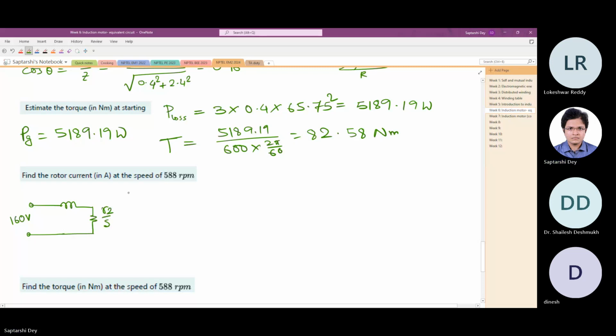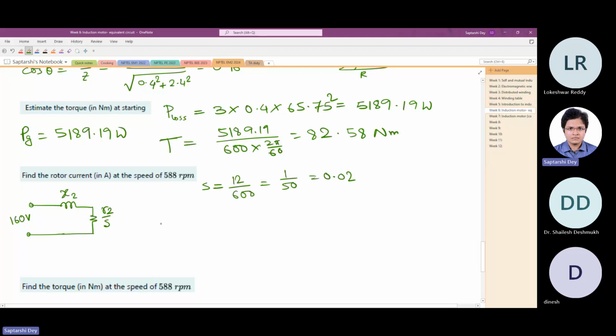That's how we will tackle the change in speed. Okay, so every time you have to find out the slip. Slip is 12 by 600, 1 by 50, 0.02, that is 2% slip.